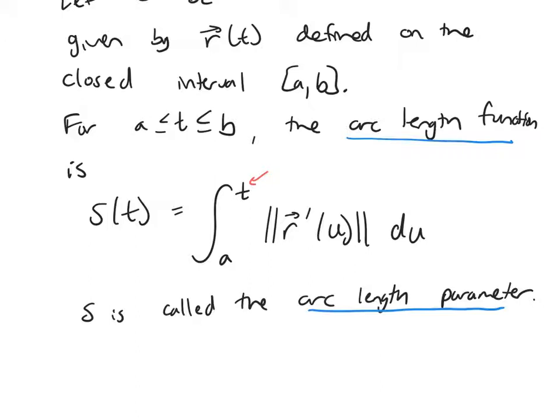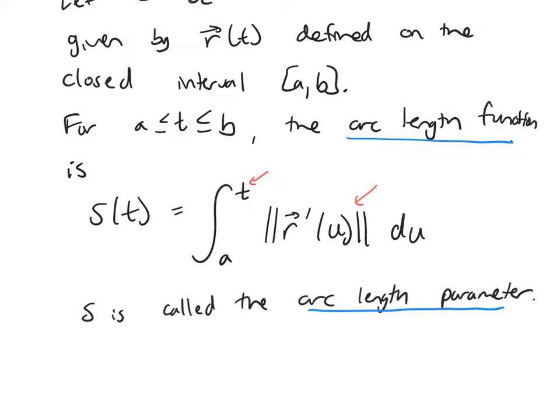And it's important to note that this arc length function is non-negative because it's in terms of a magnitude here. That's a non-negative number. When you find the integral of this non-negative number, it would be non-negative.